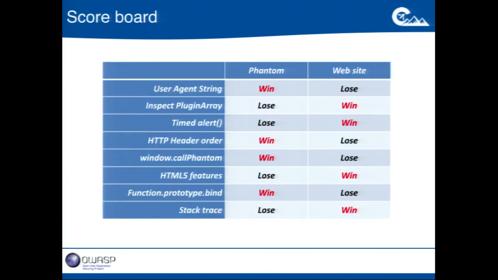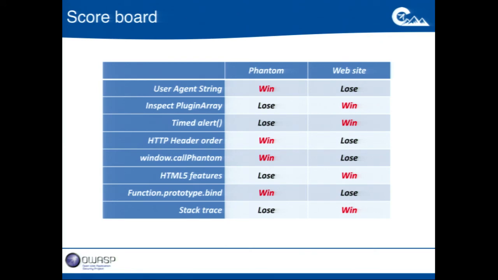Yeah. So the scoreboard will be, this time, Phantom.js will definitely lose. We have other ways to fingerprint, actually many other ways to fingerprint a browser. Since you know Phantom.js is using the WebKit graphics engine to render all the page, you can do canvas fingerprinting.